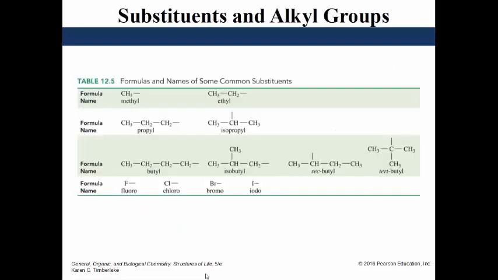So for example, methyl, CH3, and then ethyl here, propyl, because you have three, and then fluoro, chloro, bromo, and iodo. These are some pretty common substituents that you'll find in naming chemical compounds.